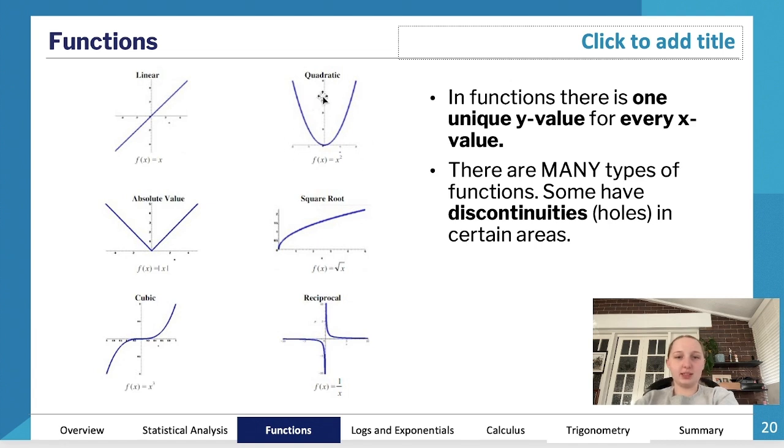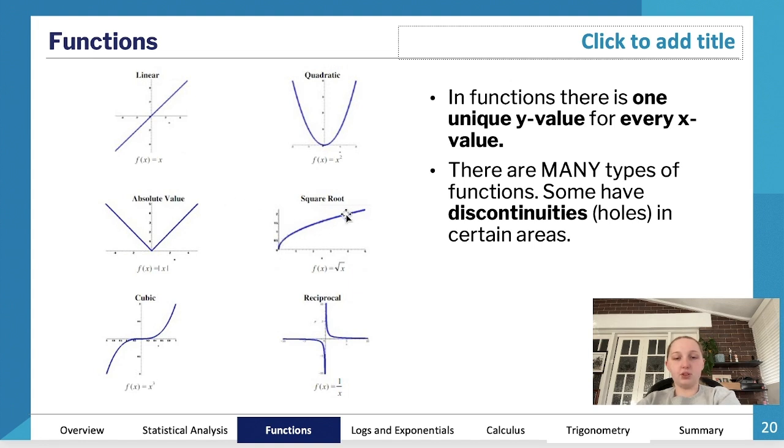So that's why this is still a function. Same thing with the absolute value. You'll see that there's two x values that hit each y value. That's completely fine as long as each x value only has one y value. Doesn't matter how many x values each y has. Okay, so that's a little bit confusing to think about, but bear with me.